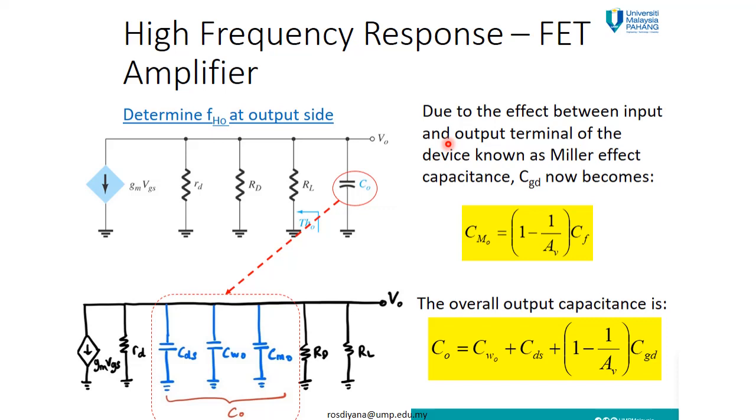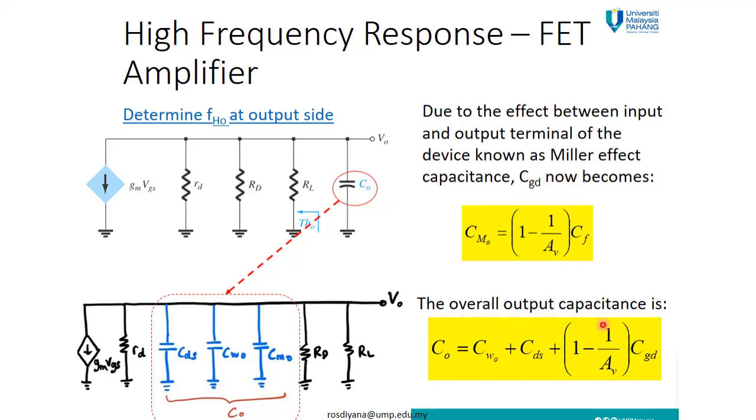Due to the Miller effect capacitance between the input and output terminals of the device, the CGD becomes CMout equal to 1 minus 1 over the voltage gain, multiplied by CF.